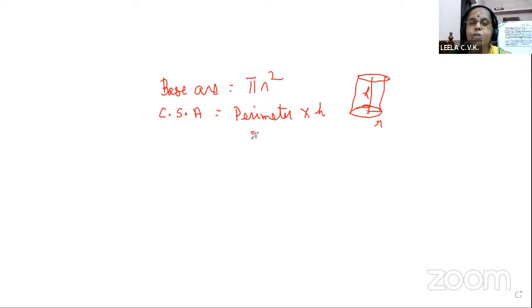Yes, 2 pi r or pi d. If d is given, pi d you can write. So 2 pi r h, perimeter into height. Every time you just learn this shortcut formula also, curved surface area or vertical surface area or lateral surface area, it is perimeter into height.